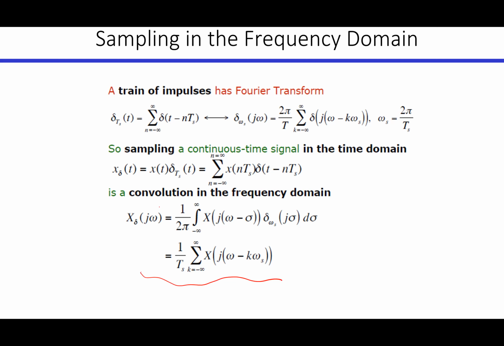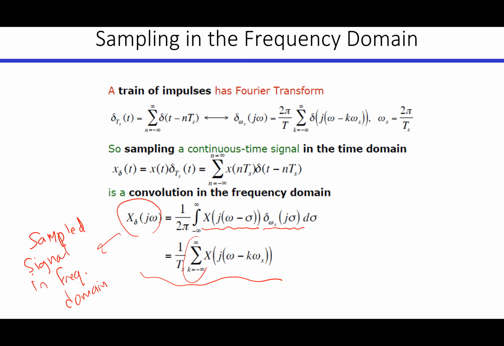Our sampled signal in the frequency domain is basically the convolution of your original signal with the train of pulses, and we end up with 1 over TS.